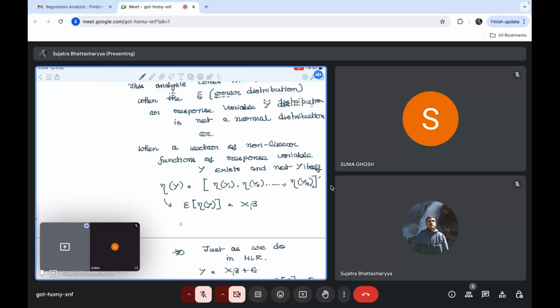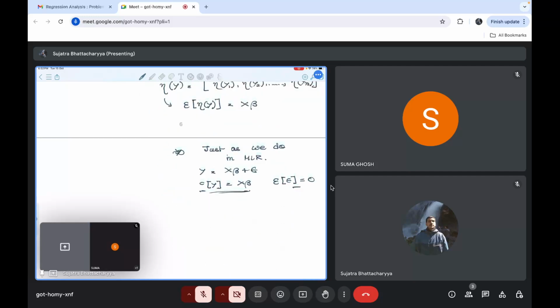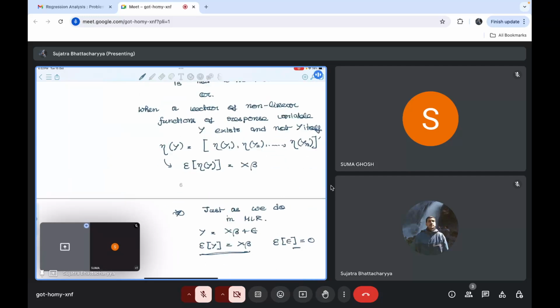And the error distribution or the response variable distribution should not come from a normal distribution. These are the major conditions. So the expectation of these nonlinear functions of y, or the response variable, should be equal to x beta. That is what we generally consider here.